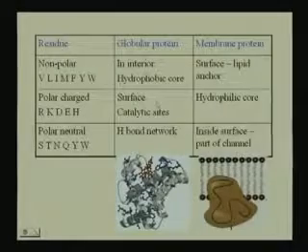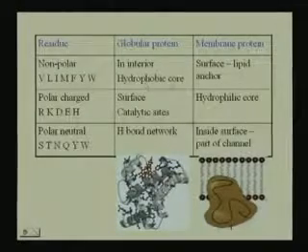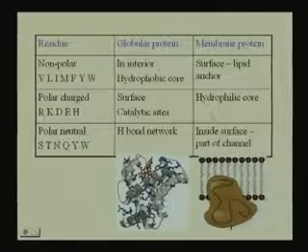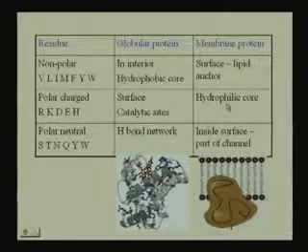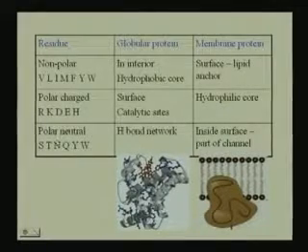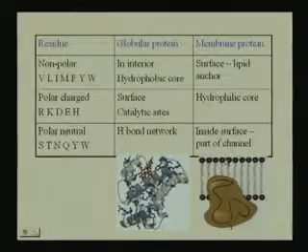So, instead of a hydrophobic core which you find in globular proteins that are in solvents, you have a hydrophilic core for membrane proteins, and the polar neutral parts would form the inside surface or the part of the channel. Now, what do I mean by part of a channel?